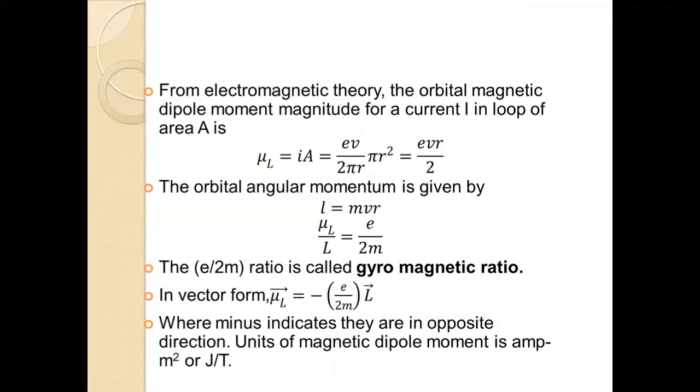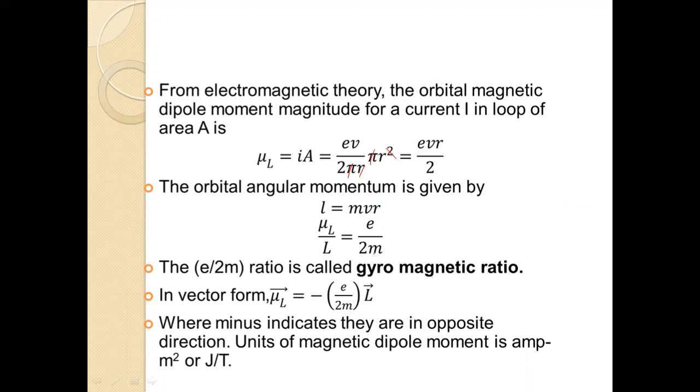From electromagnetic theory, the orbital magnetic dipole moment magnitude can be given as mu L is equal to I into A, where I is equal to ev by 2 pi r, into pi r square. So pi cancels, r square and r cancel, leaving evr by 2. And we know that the angular momentum can be given as mvr. Now just divide mu L by L, you will get e by 2m, where vr and vr cancel out.